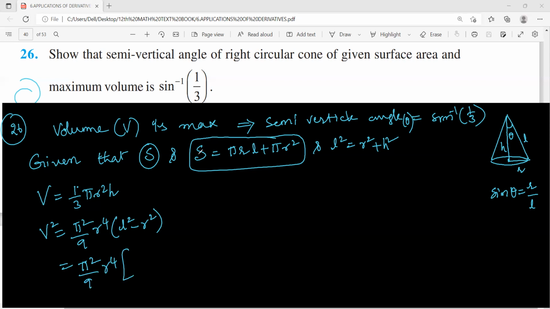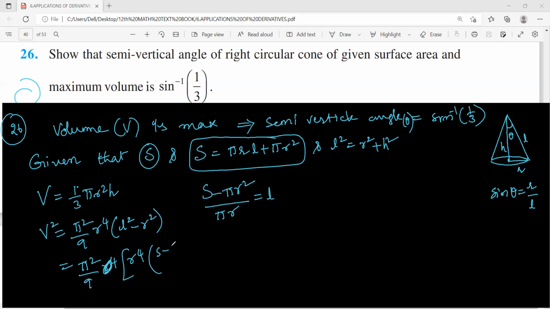Here, what is L square? L square, now we have to square it. L square equals S minus pi R square by pi R. So here we take R to the power of 4 inside, R power 4 into L square.